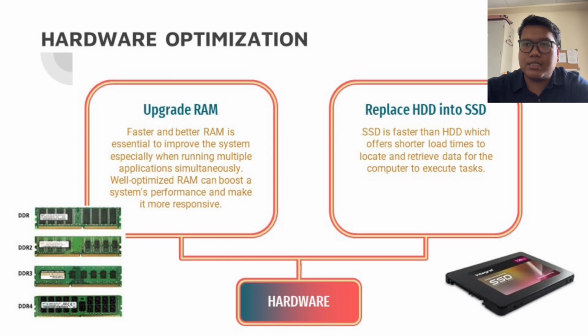It is known that an SSD may be more expensive than an HDD, but if you compare the performance and advantages of SSD towards the computer system, SSD is actually really worth it. SSD is faster than HDD to locate and retrieve data for the computer to execute tasks. So it can contribute to a noticeable improvement in system responsiveness and reduce the waiting time for various tasks.